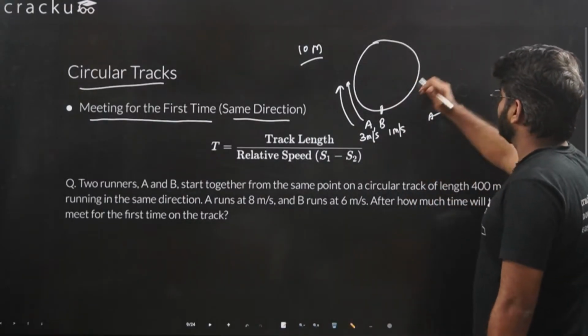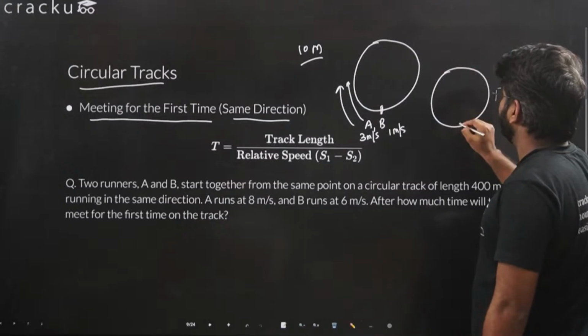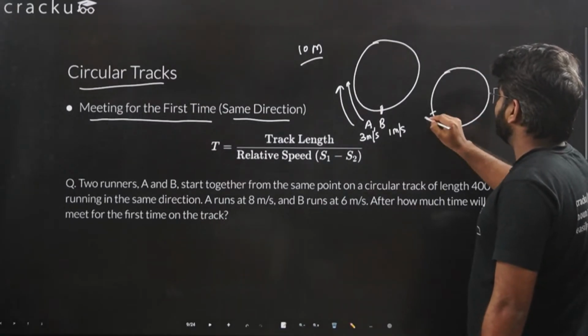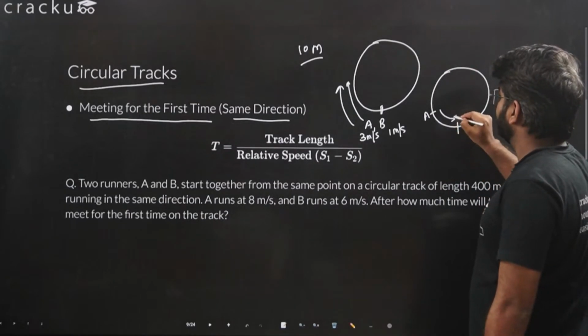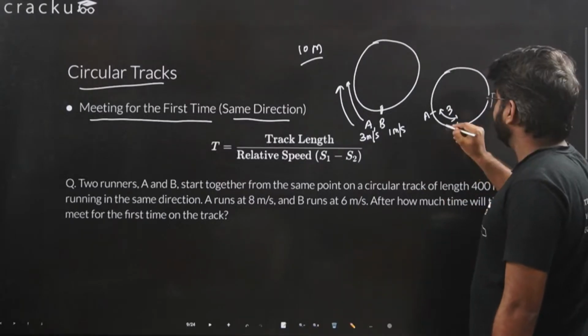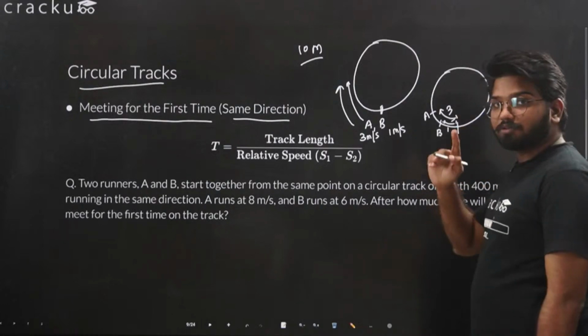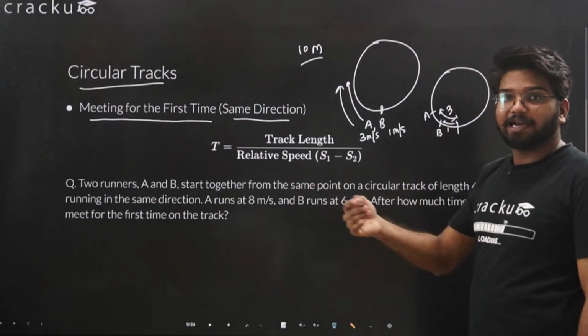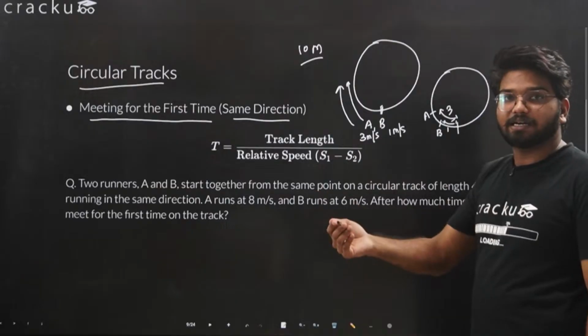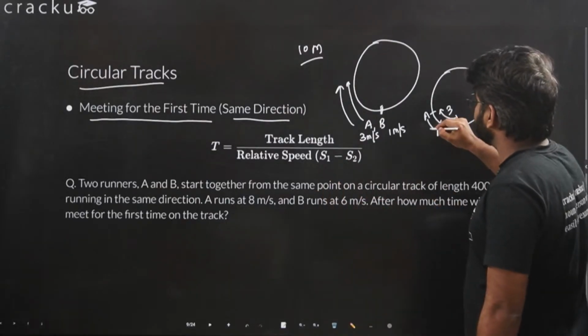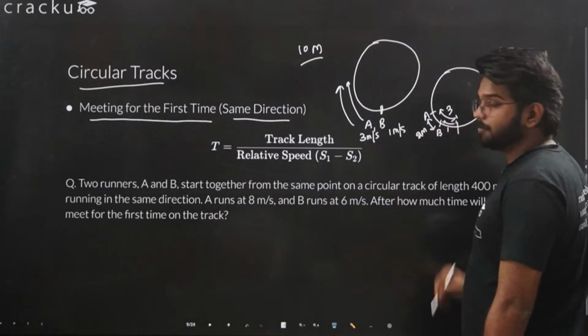For example, here only, A is here after 1 second, which is 3, and B is here only, which is 1. So after 1 second, A is 3 meters ahead and B is only 1 meter ahead. So the difference between them is only 2 meters.